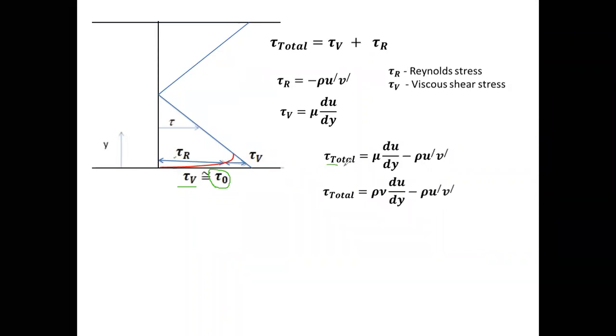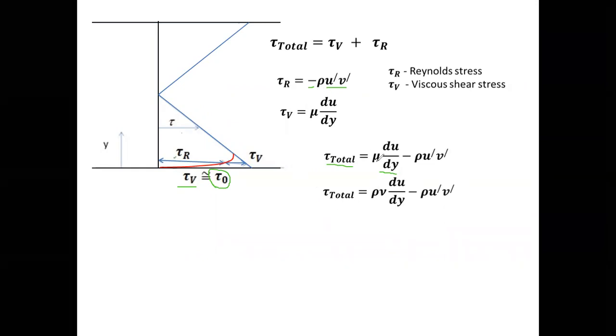The total shear stress at any given point we can write as tau equals mu times du by dy minus rho u dash v dash. Why does this become minus? Because if we take the product of u dash and v dash, that is a negative value, so the minus makes it positive.